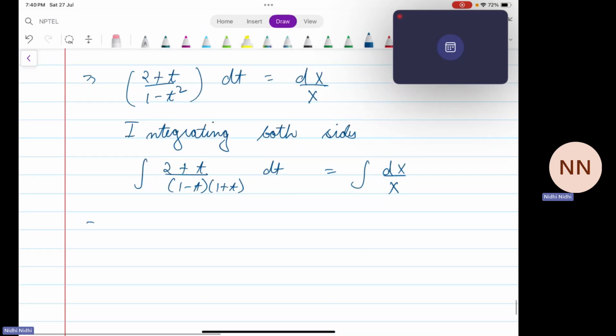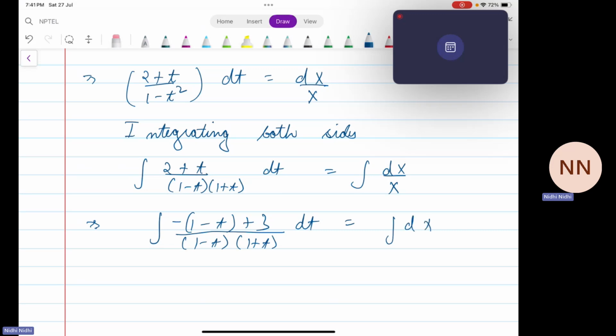Now this can be written as (1 minus t plus 3... ) upon (1 minus t)(1 plus t) dt is equal to dx by x.